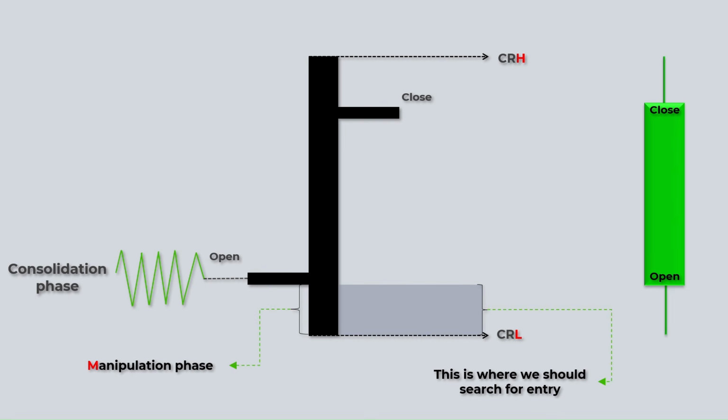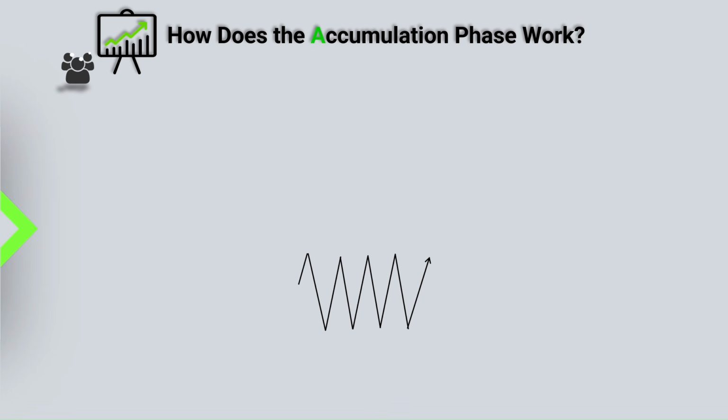For us, this is the ideal phase to execute our entry orders and align with the smart money strategy. Let's take a closer look and explore these two essential phases in more detail to better understand their importance and how they work. So, how does the accumulation phase work?